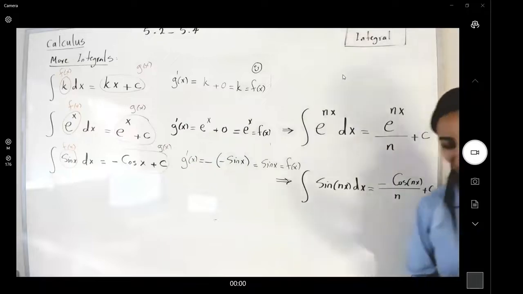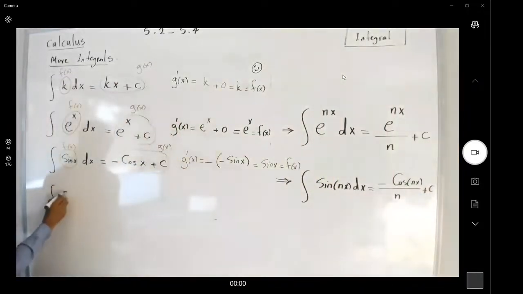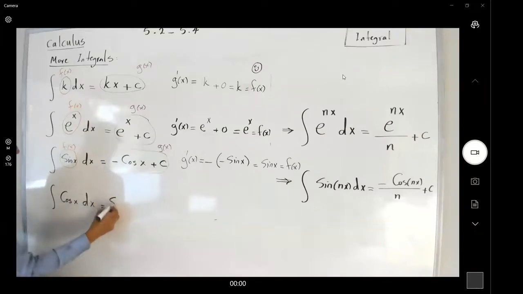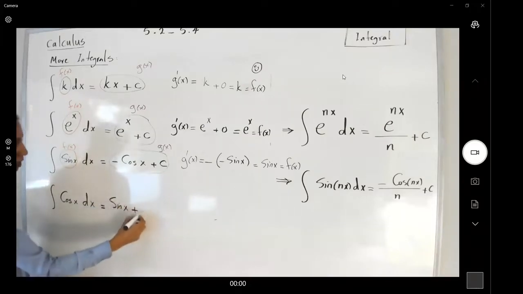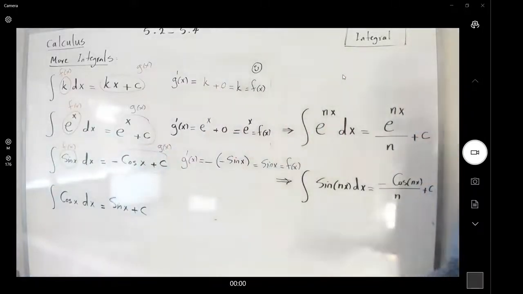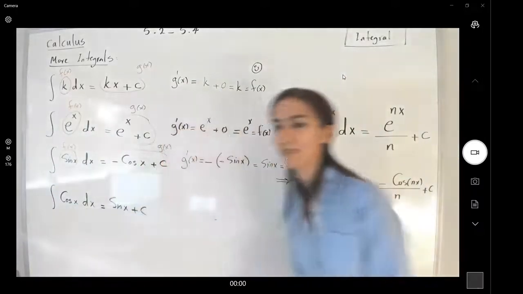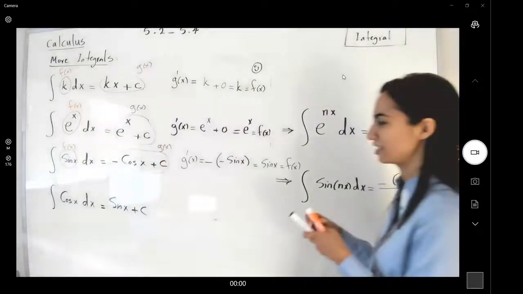Well, what if you have cosine? The integral of cosine x dx is sine x plus the constant of integration. Why is that? The derivative of sine is cosine, which is equal to your function f, which is cosine.